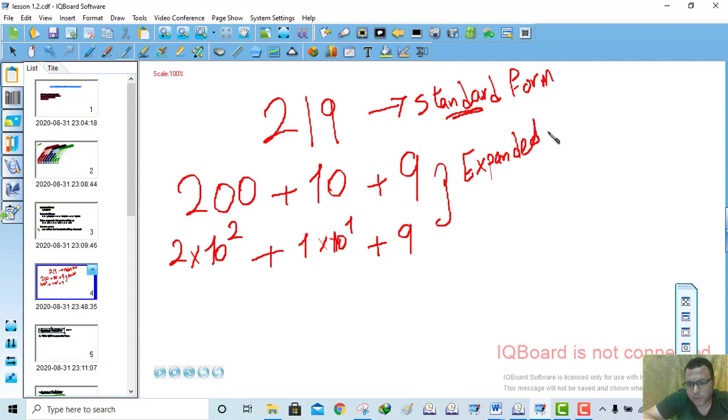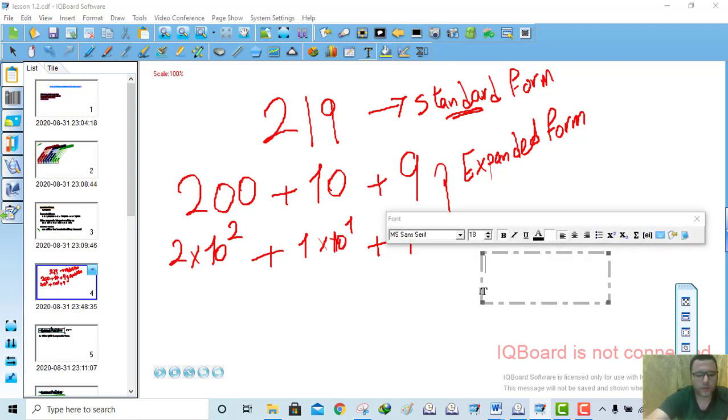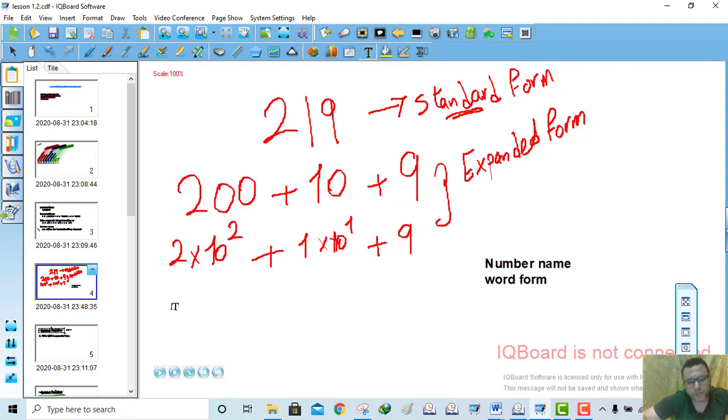Also there is one more thing, it's called the number name or word form. The number name, or you can name it as well word form, means to write it in letters, in words. So this is 219.